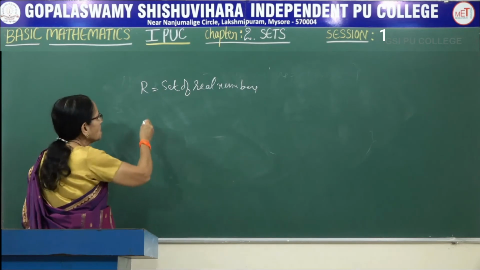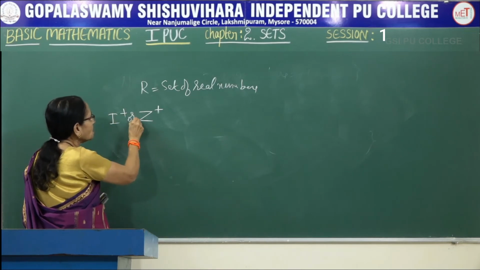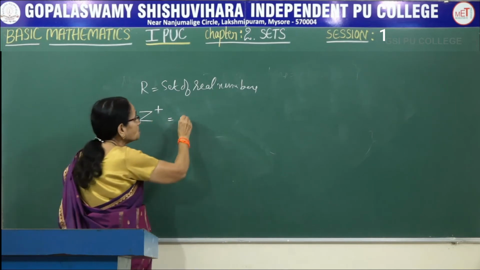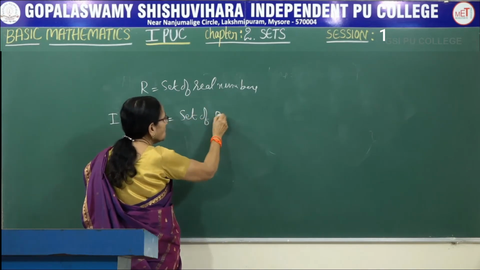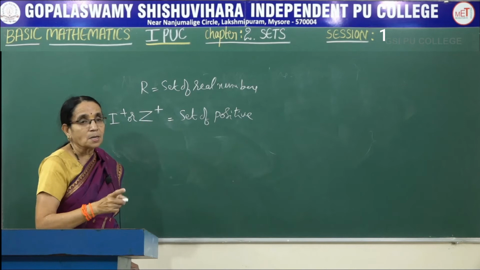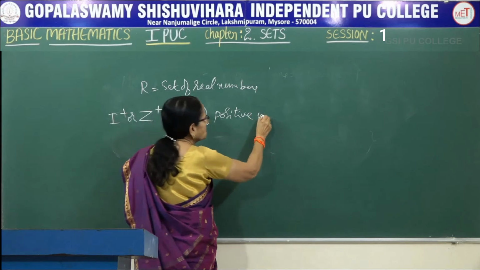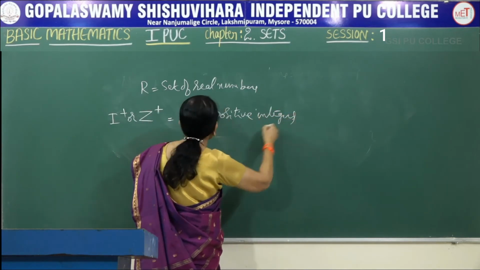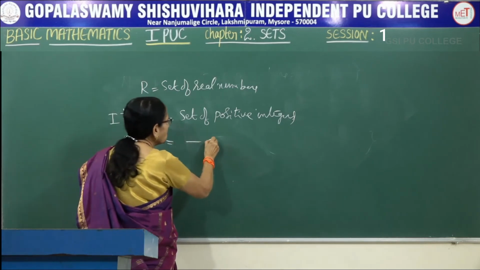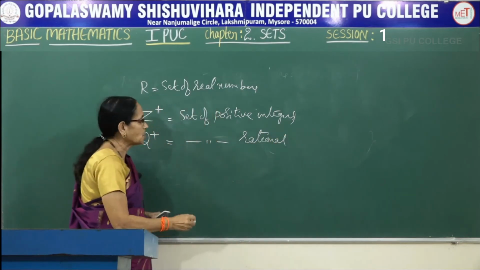Sometimes we use Z plus like this, or I plus. What do you mean by this? It is the set of only positive integers. Suppose I write only Z here, it includes negative integers also. So here only the set of positive integers. Similarly, if I write Q plus, it is the set of positive rational numbers.